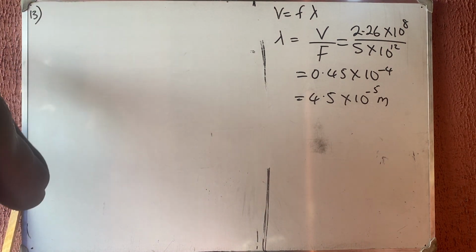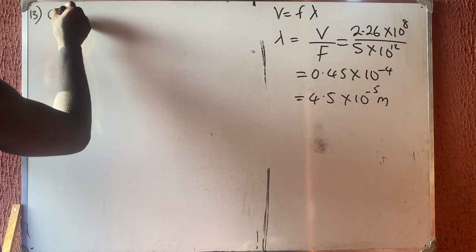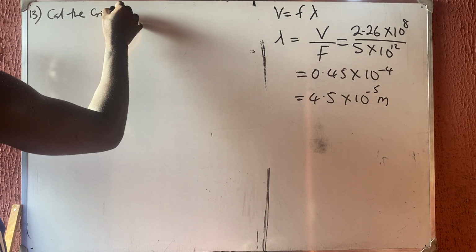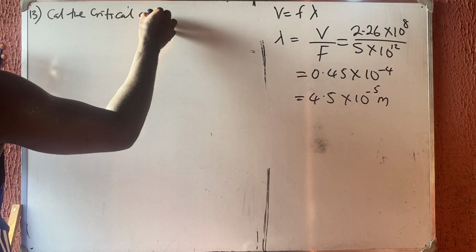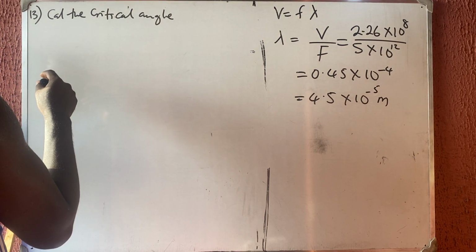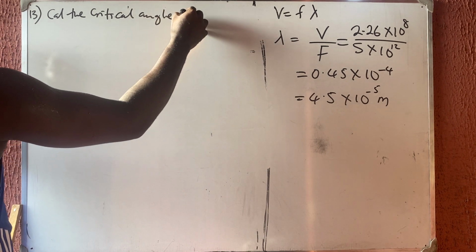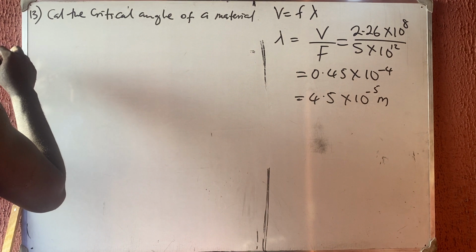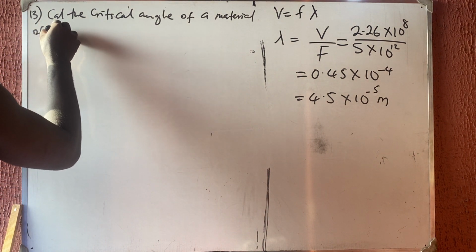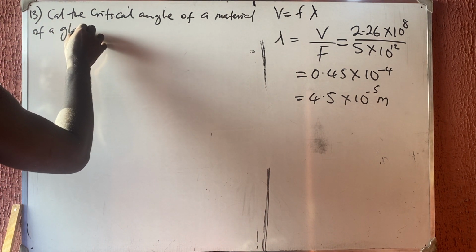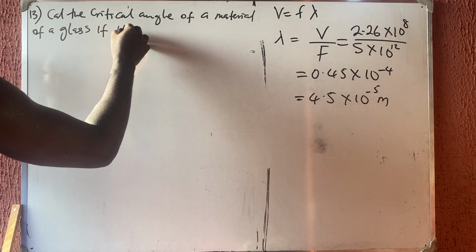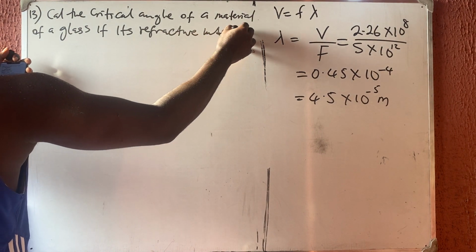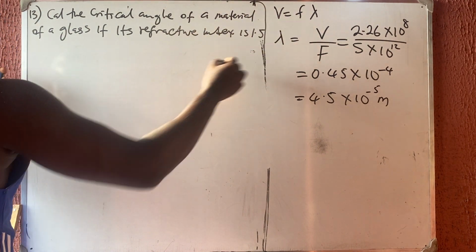Question number 13 said calculate the critical angle of a glass material if its refractive index is 1.5. This is a very simple question.